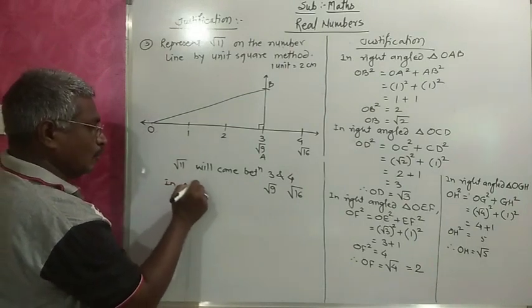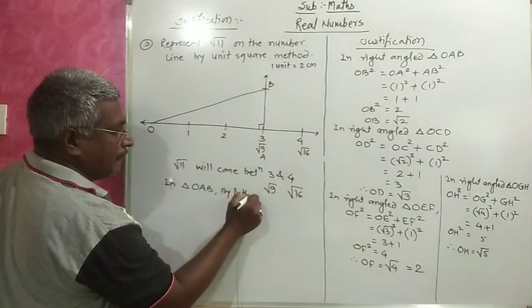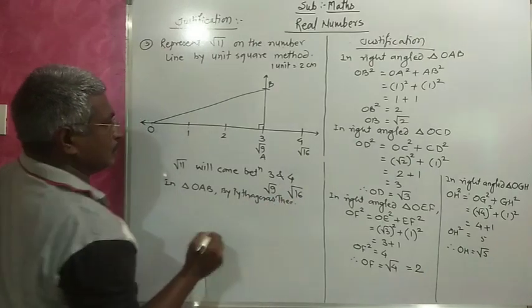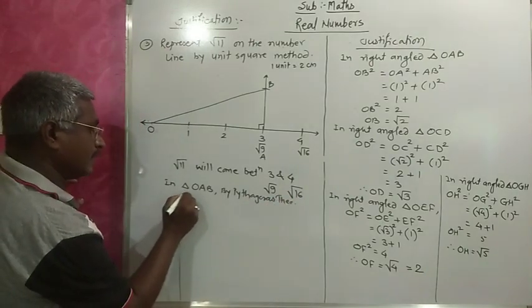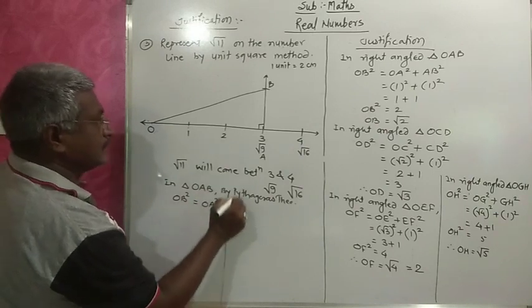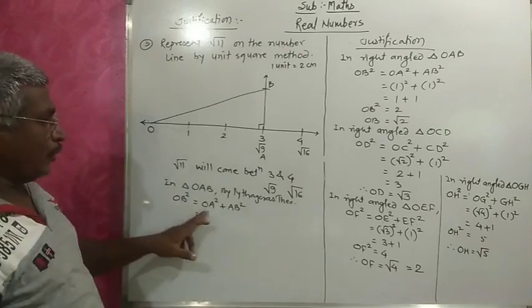In triangle OAB, by Pythagoras theorem, OB square equals OA square plus AB square. What is the length of OA?